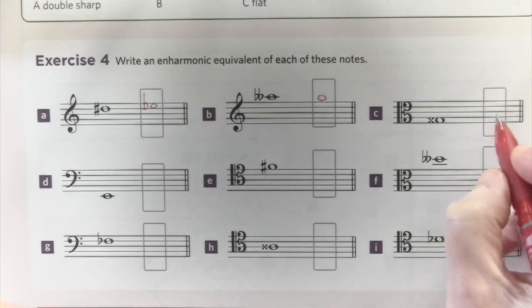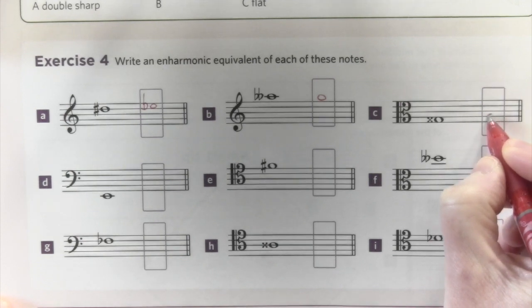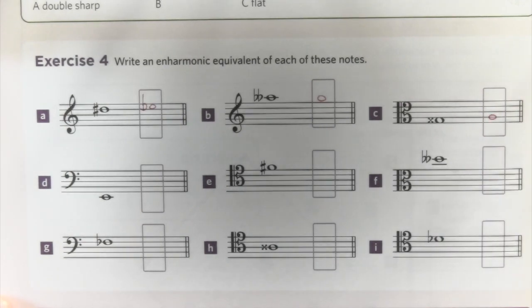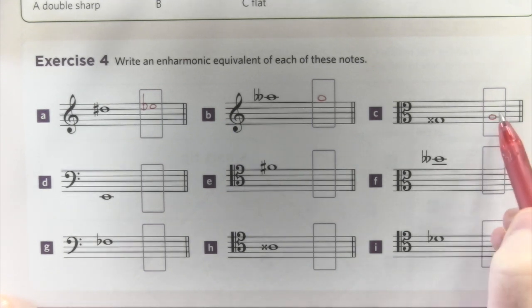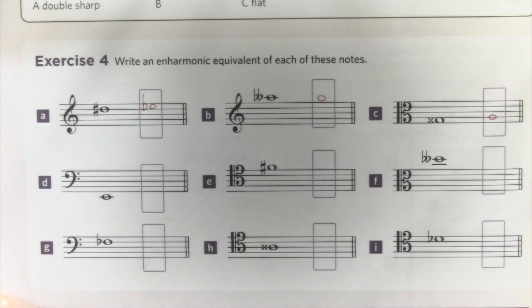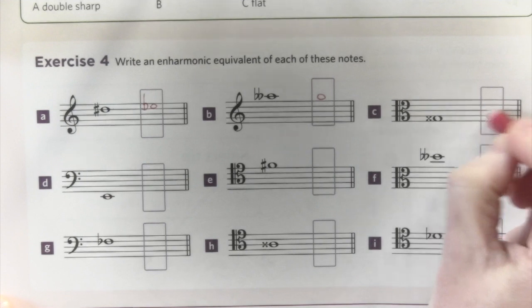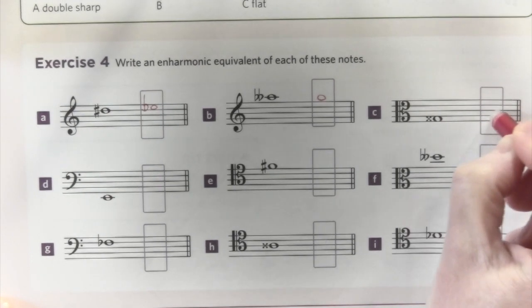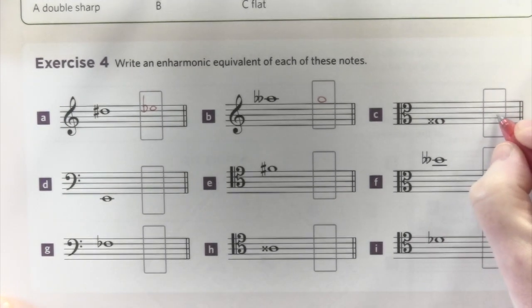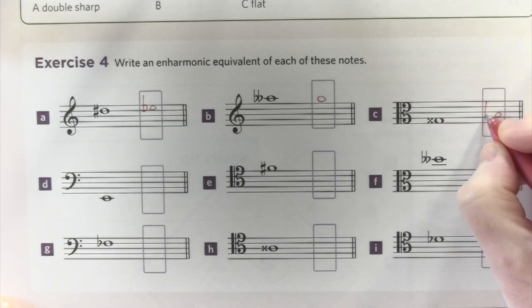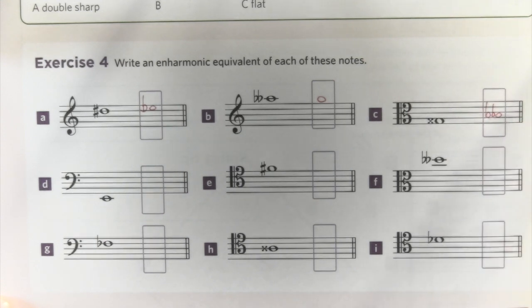So let's write it down. If you want to double check, Do, Si, La. If you want to write it as C double flat, you go 1 up and you put the 2 flats.